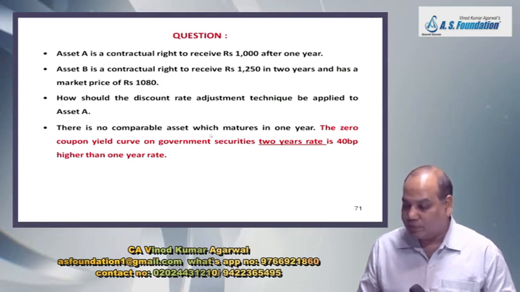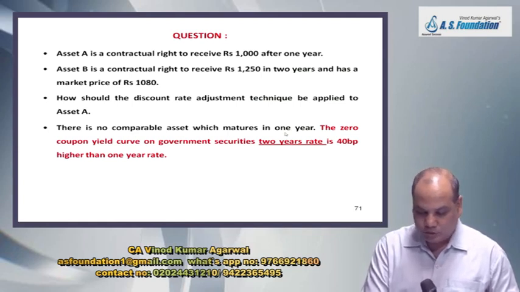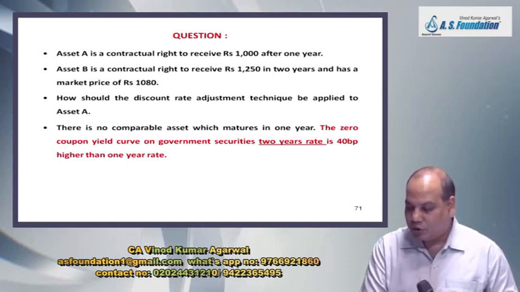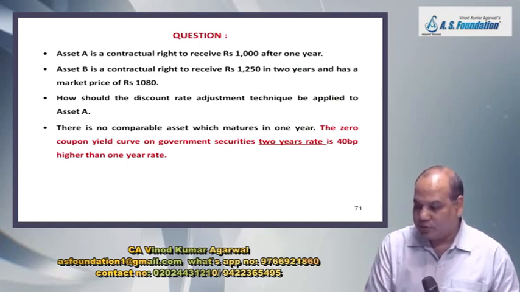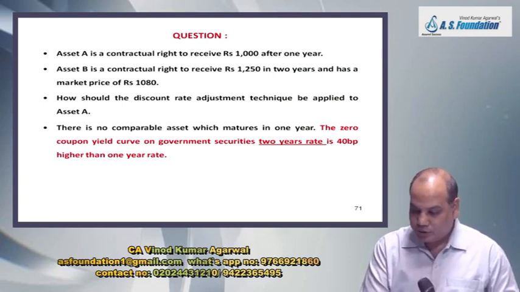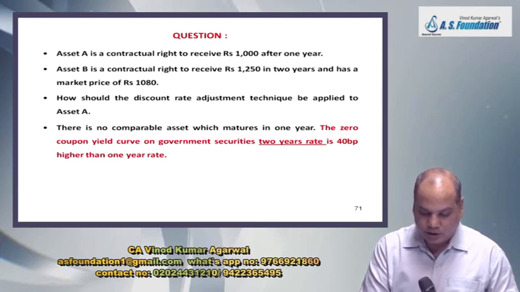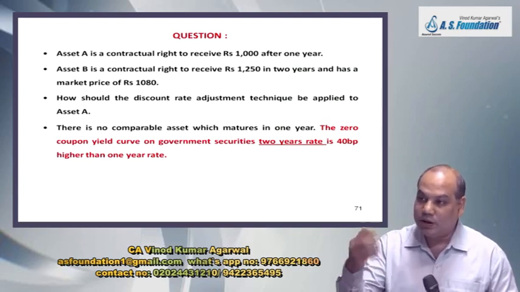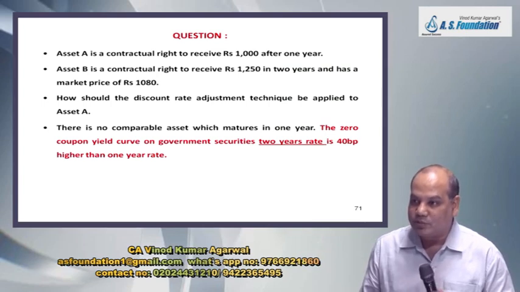Now there is no comparable asset which matures in 1 year, but the zero coupon yield on government security of 2-year rate is 40 basis points higher than the 1-year rate, which means the 1-year rate is less than the 2-year rate by 40 basis points.